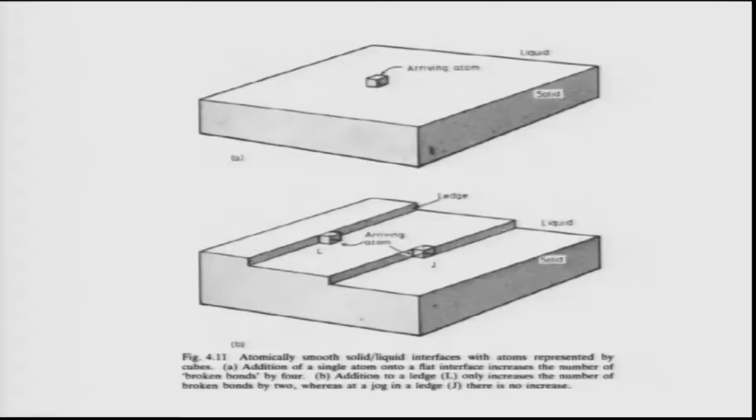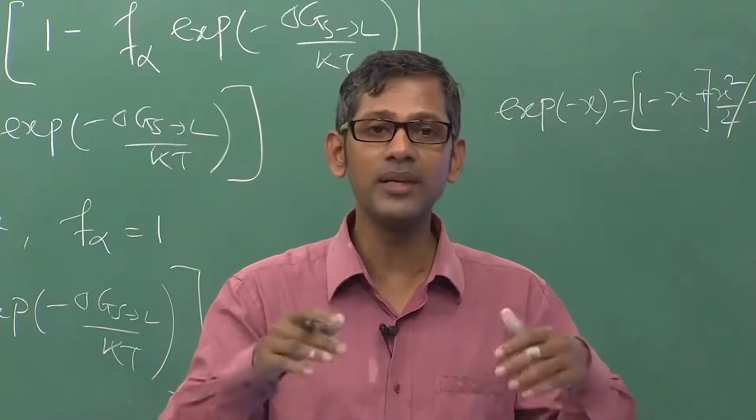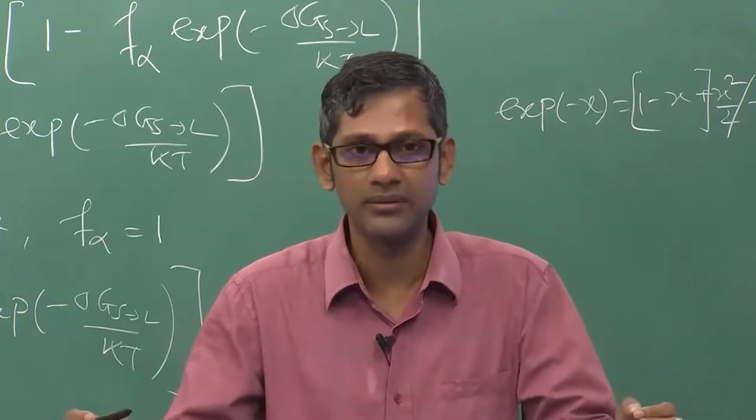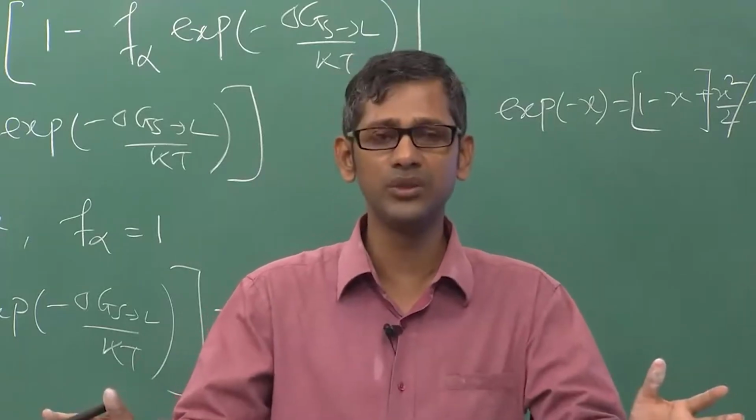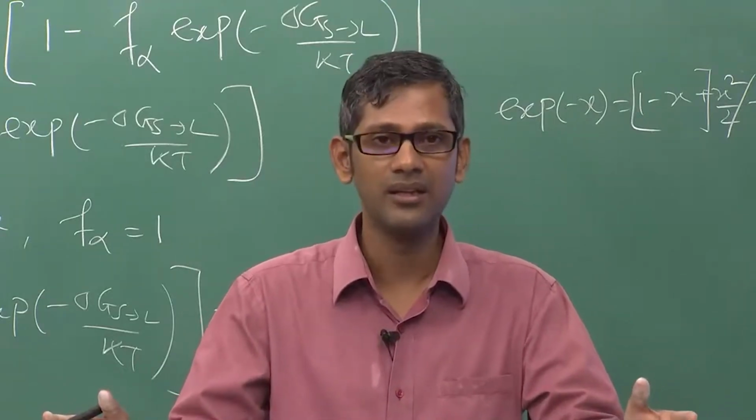Here you see it is only getting attached to this one surface, the bottom one, and all the rest of the surfaces are hanging. So the atom, even though it comes from a liquid, will not feel completely comfortable, because in the liquid it might also have bonds not satisfied. In the solid, when it comes, only one bond is satisfied. So there's not much difference between these two situations as far as energetics is concerned.